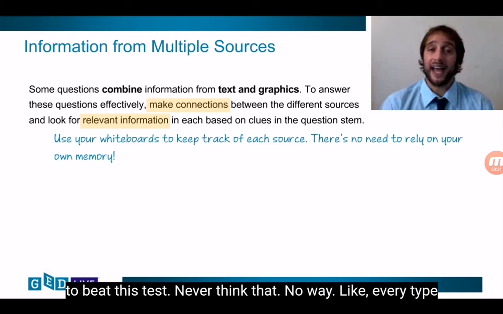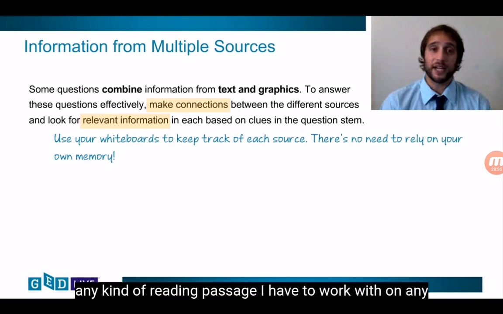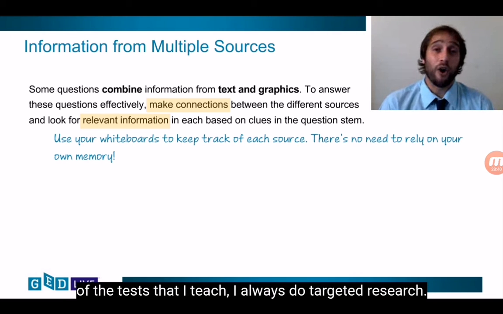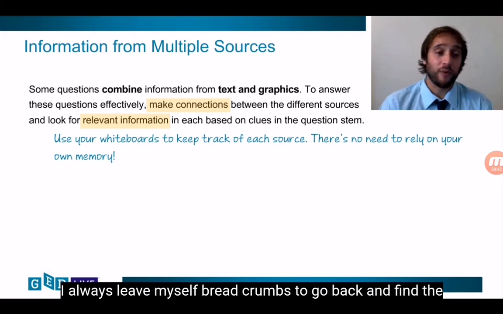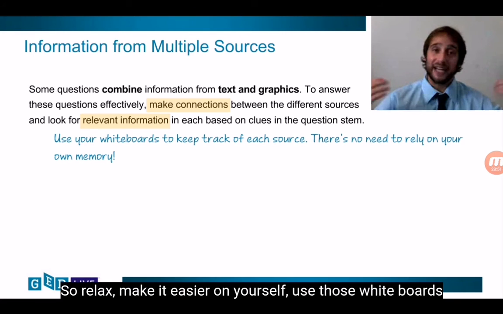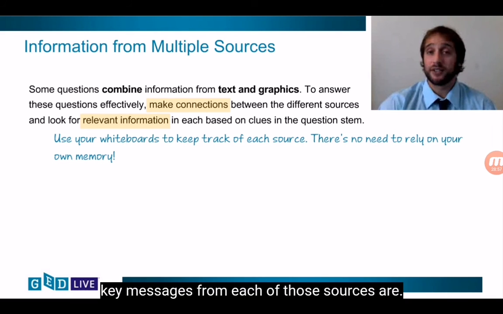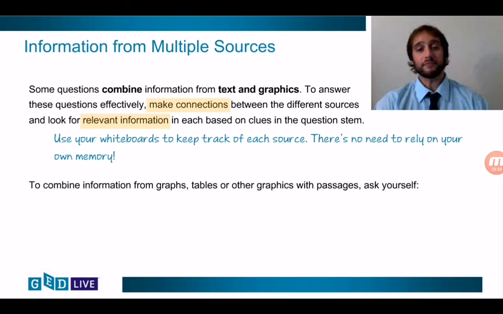No way. With every type of reading passage I work with on any of the tests that I teach, I always do targeted research. I always leave myself breadcrumbs to go back and find the key information when I need it. It's just part of the process. So relax, make it easier on yourself, and use those whiteboards to keep track of the sources and the key message from each of them.